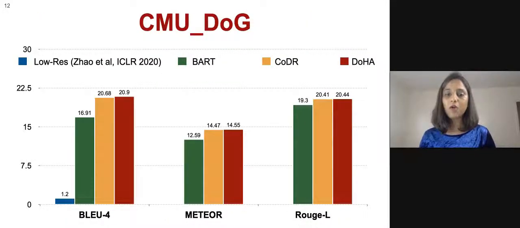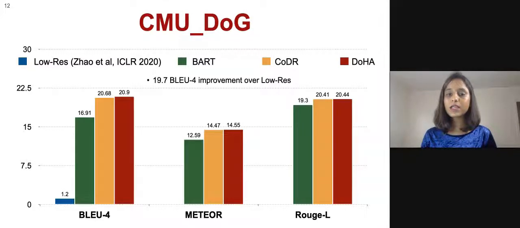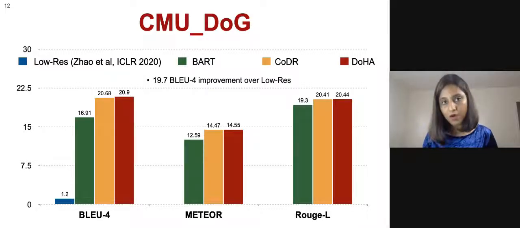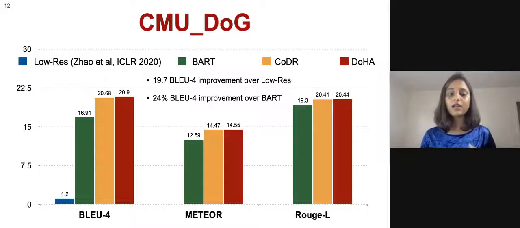For the CMU DoG dataset, the previous state of the art was a low resource model, which was also a pre-trained model on a domain specific Reddit corpus. And yet when we move to BART, we see a huge improvement. We also see that a 19.7 BLEU-4 improvement is given by the Doha model over the low resource model, and we get a 24% BLEU-4 improvement over the BART model.